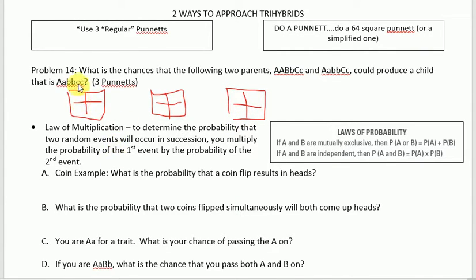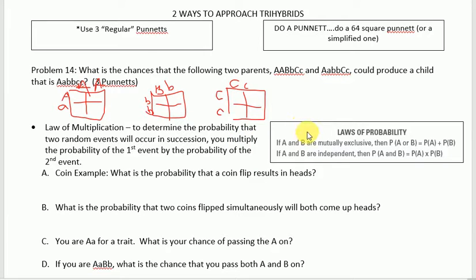So here we would have big A, big A, crossed with big A, little a. Here we would have big B, little b, crossed with little b, little b. And then here we would have big C, little c, big C, little c.